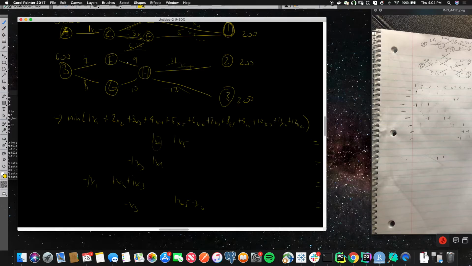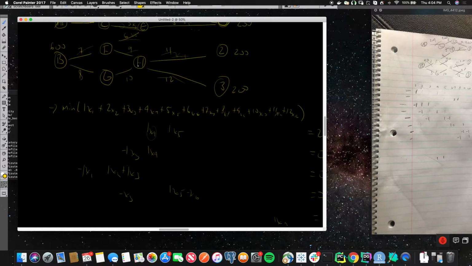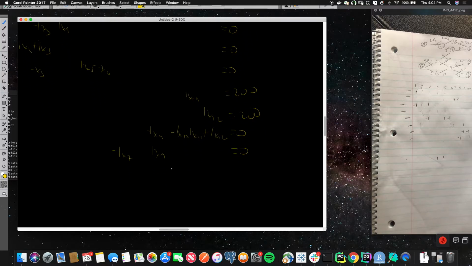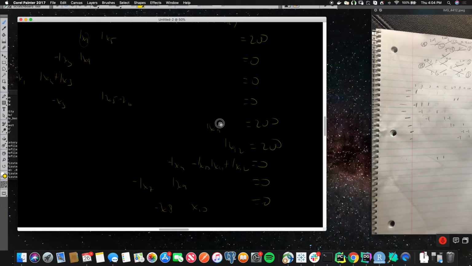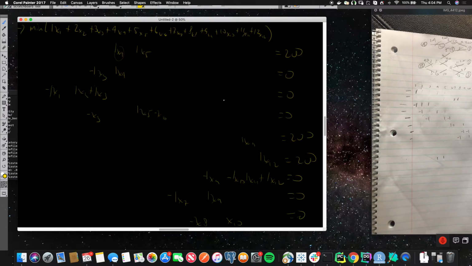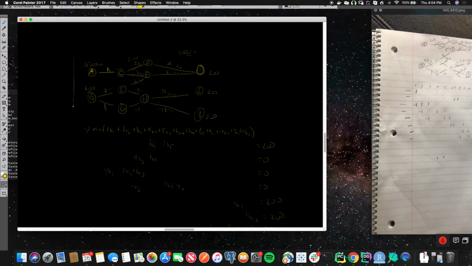We've done that, and we've got that taken care of. And then going down this pathway, x10 minus x8 has to be equal to 0. And that's it. So we've written out this series of equations that describe all of the relationships in this graph.